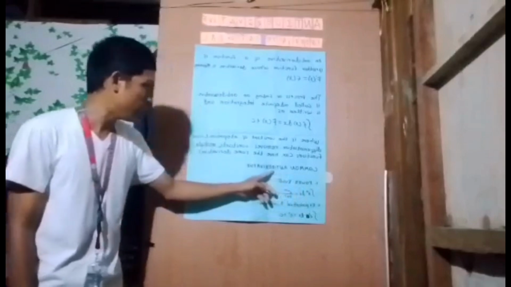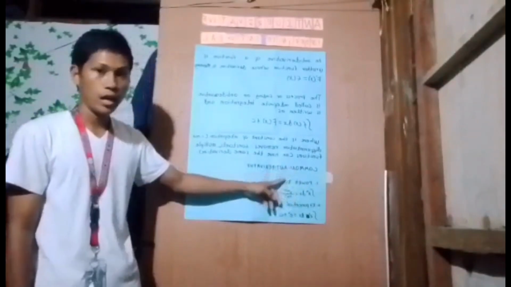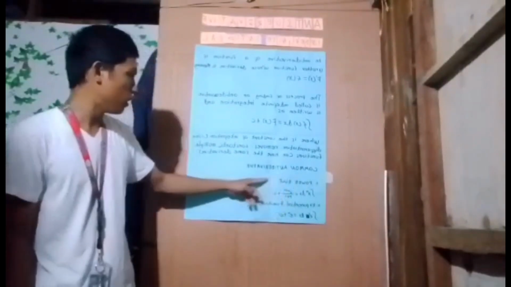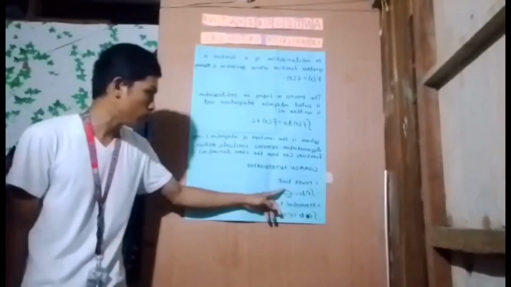So these are the rules of the common antiderivatives. First is the power rule.